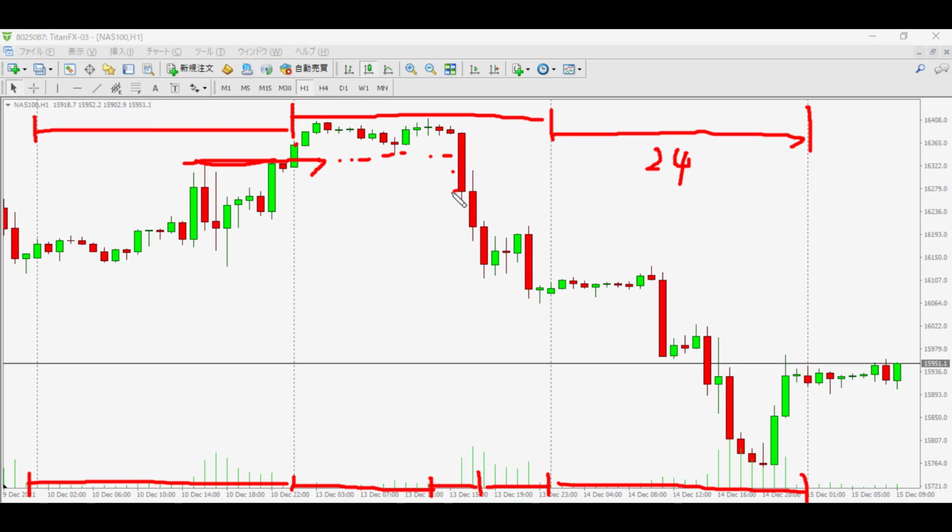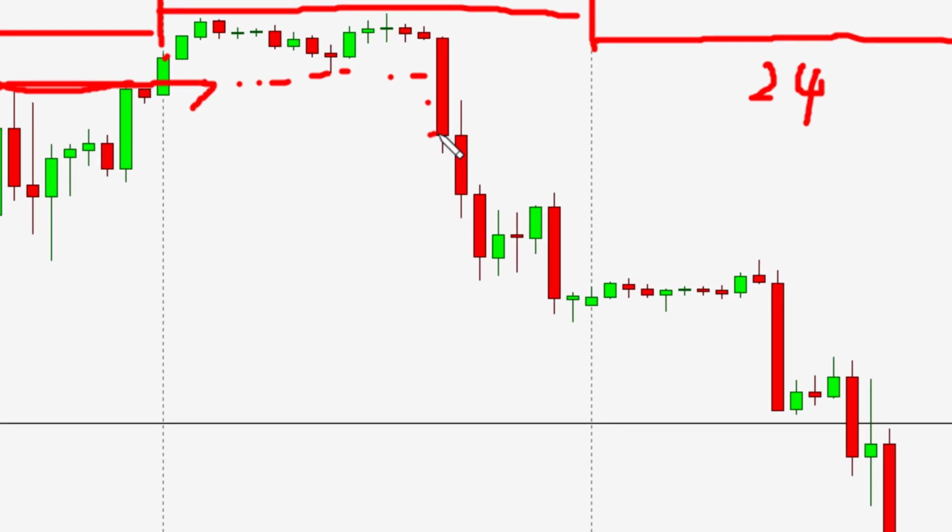and closes here. You can take profit at the closing price here, or replace the stop loss at the lower candlestick high. Put the stop loss order at this candlestick high here, and the next candlestick closes lower than the previous candlestick low, and replace it with this candlestick high here.